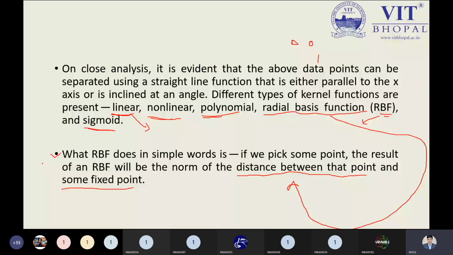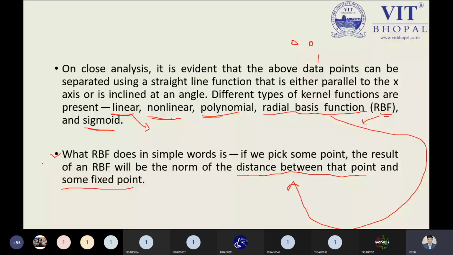I'm taking an example only, just for understanding purposes. If I choose polynomial, maybe I can get 88. But suppose for the same problem I choose the radial kernel function, there may be some chance I can get accuracy of 95 or more than 95%. So definitely I will choose the RBF.